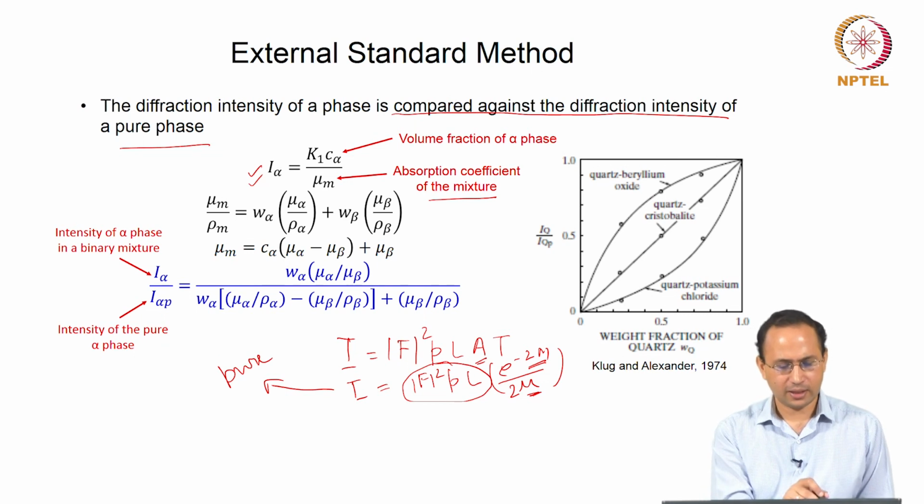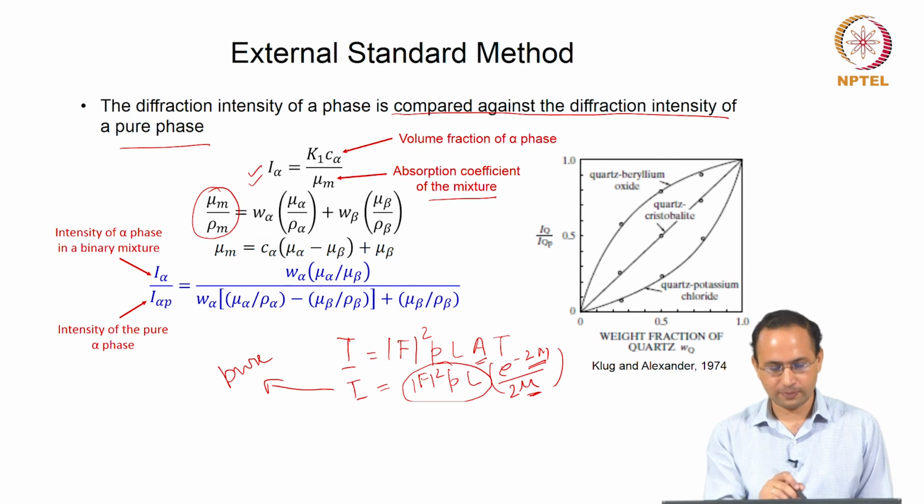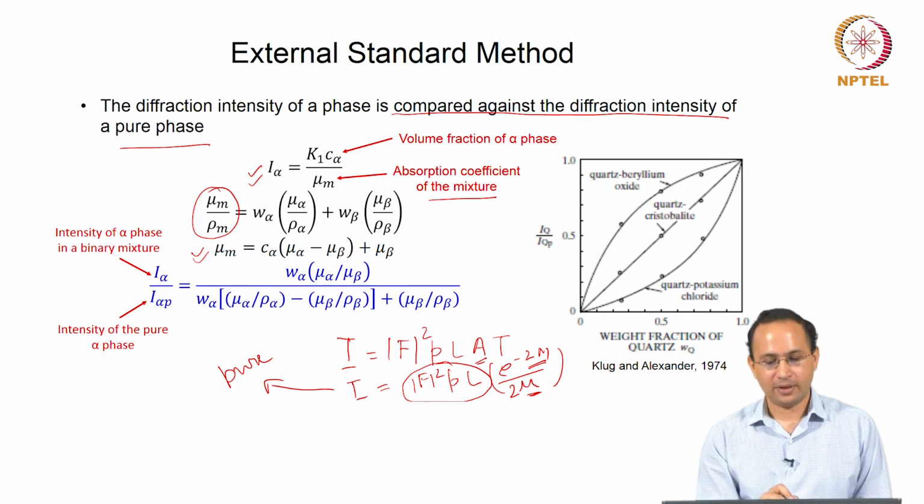We are not going into detail, but you can refer to the reference to go through the calculations. The idea is that you have to relate the absorption coefficient of the mixture, mu m, to the volume fraction of each phase and the mass absorption coefficient of each phase.